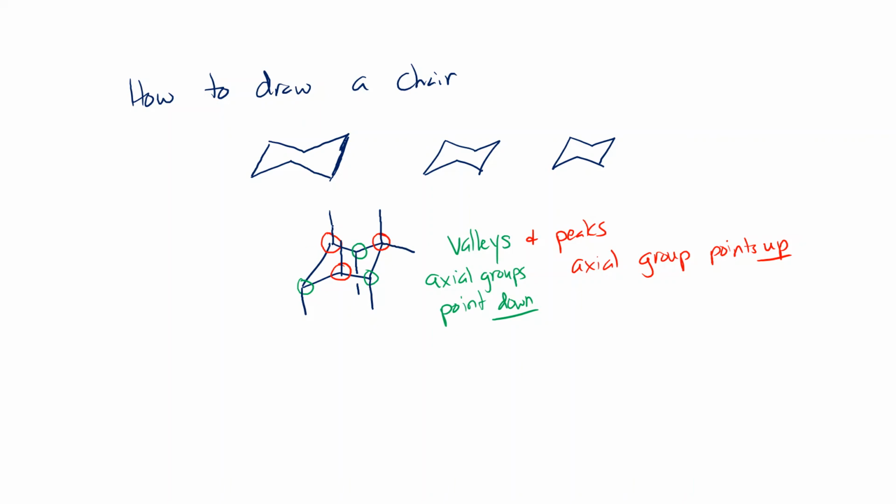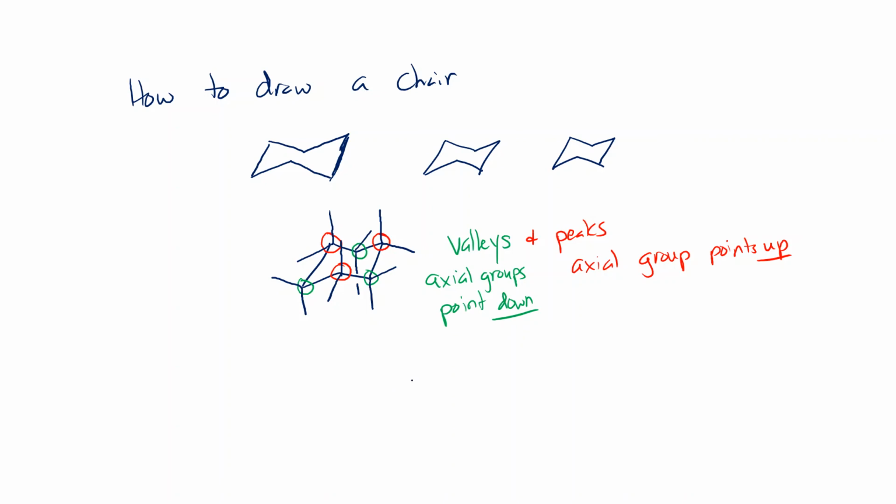Now remember that this line should be parallel to, or anti 180 degrees from, the bonds of the ring, so it goes there. When the axial group is down, the equatorial group goes up and out, up and out, and up and out. So you can get stuff that looks like that.